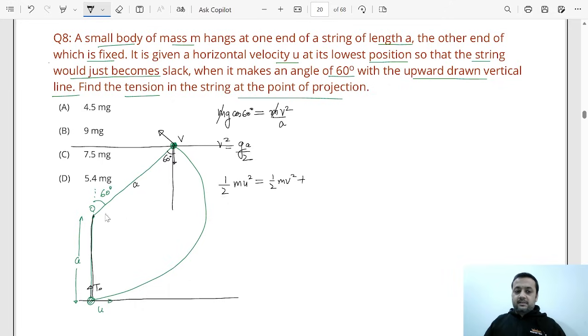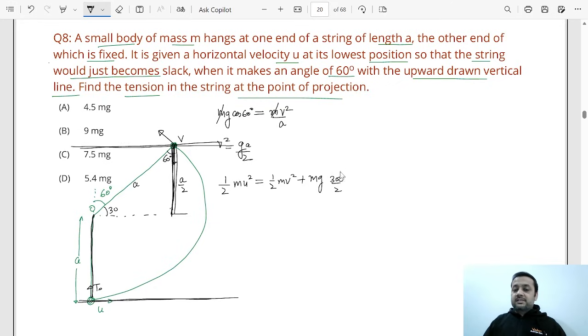Look, this angle will be 30 degrees, right? So this height is a sine 30. That means this is a by 2, since sine 30 is a by 2. So it has gone up by a plus a by 2, that means mg into 3a by 2. This is the total height which the particle has gone from the initial level.